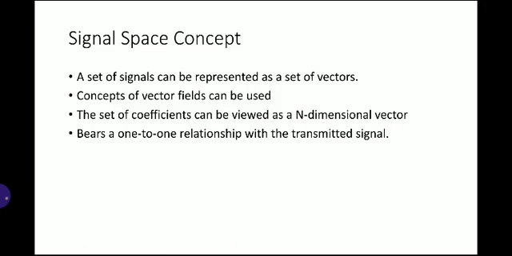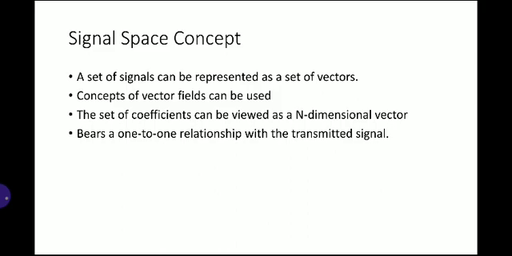Then if a signal can be represented as a set of vectors, the advantage is that the concepts of vector fields can be used to analyze the properties of the various signals when it is used in a communication system. So the signal can be viewed as an n-dimensional vector or an n-tuple.